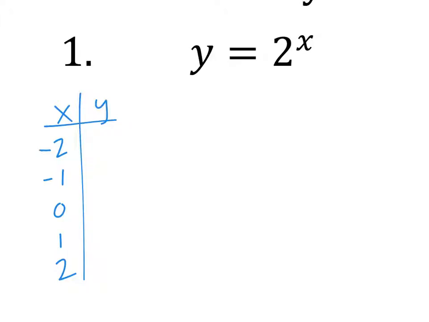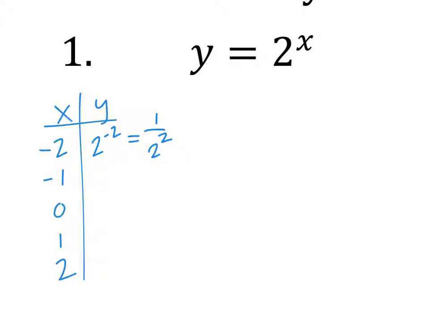First one is 2 to the -2. What should we do to make this number a little easier to figure out? What should we do when there's a negative exponent? Flip it. So that is 1 over 2 squared.